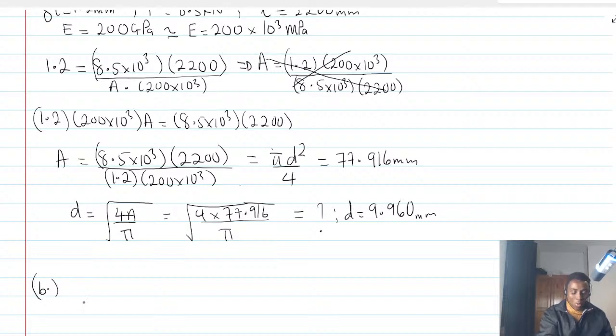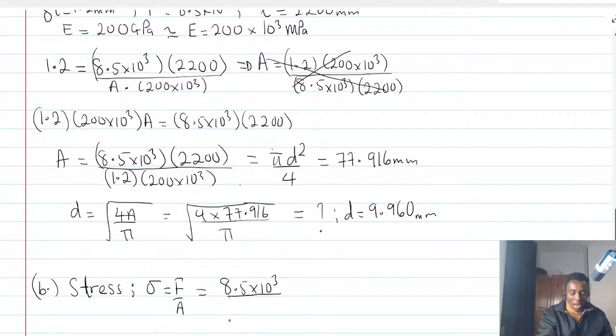So part B is saying that we should compute the stress. I'm sorry about the sound. So let's calculate the stress. So the stress is going to be force divided by area. The force is 8.5 times 10 to the power 3, that is to say 8.5 kilonewtons.